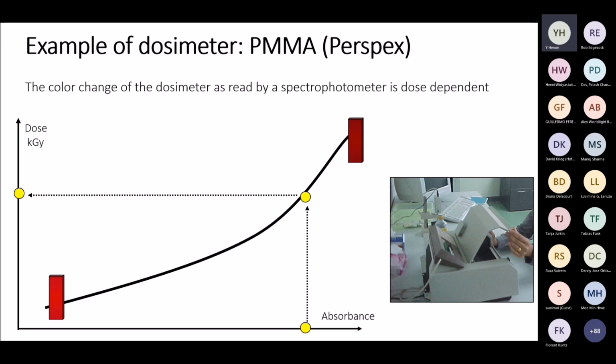One of the most popular dosimeters now, and probably one of the best, could even say the best, is the alanine dosimeter that has become quite popular even for routine control of radiation processing.